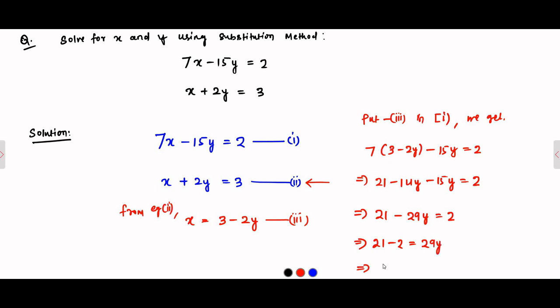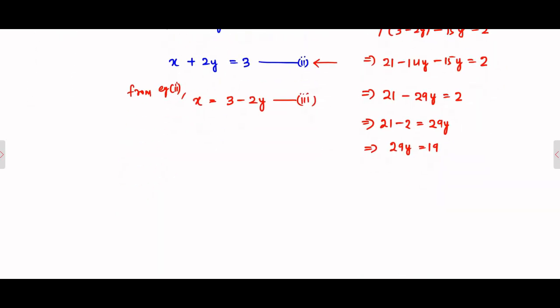That implies 29y is equal to 19, that implies y is equal to 19 by 29. This is 4.